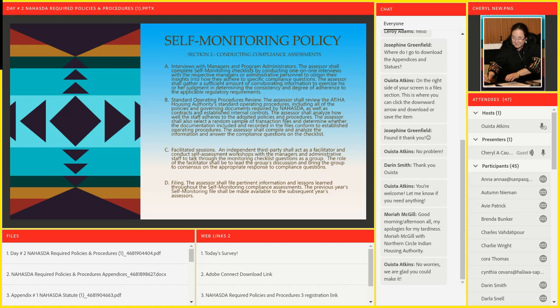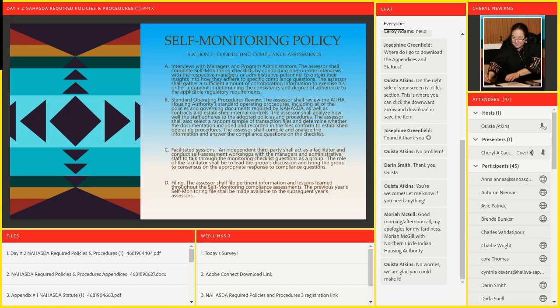The assessor shall also select a random sample of transaction files and determine whether the documentation included and recorded in all the files conform to established operating procedures. The assessor shall also compile and analyze the information and answer the compliance questions on the checklist.